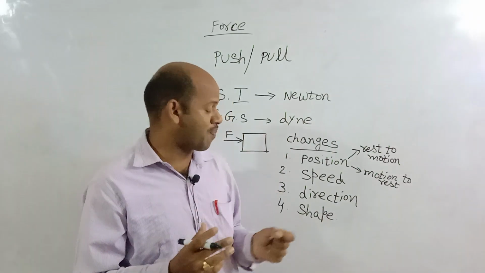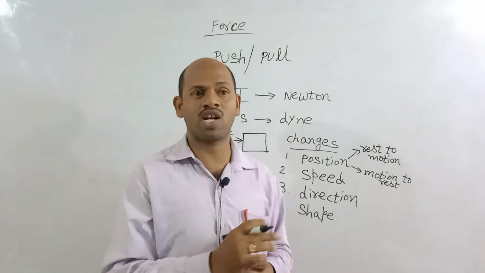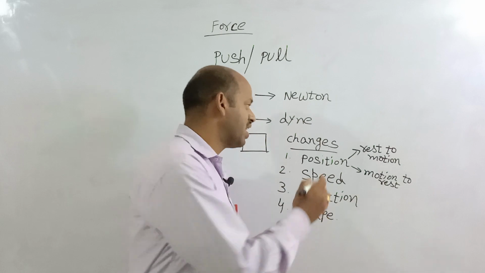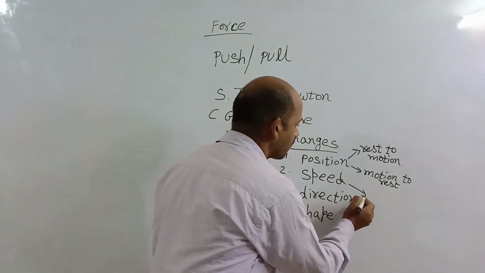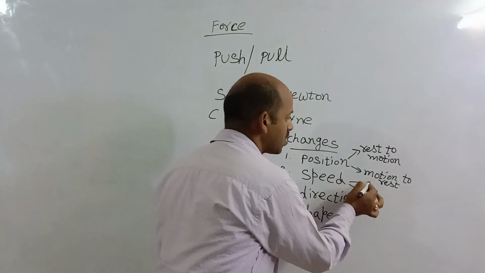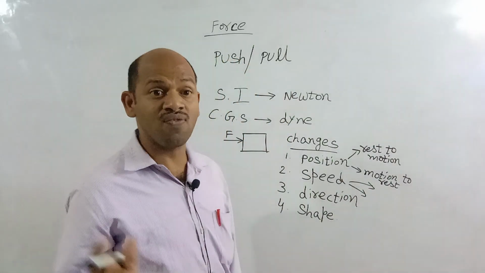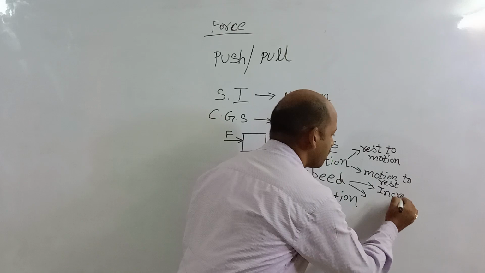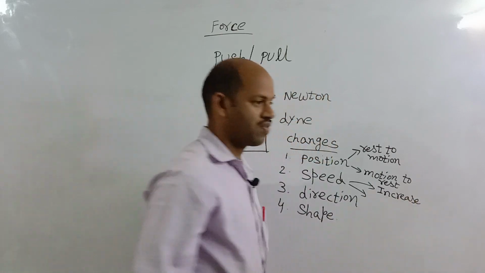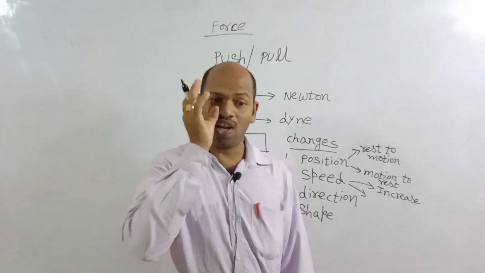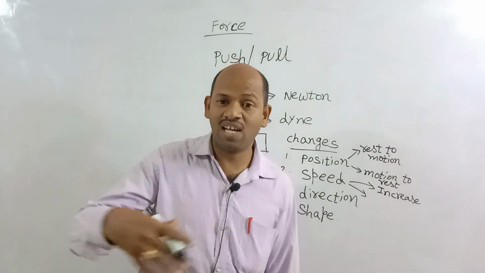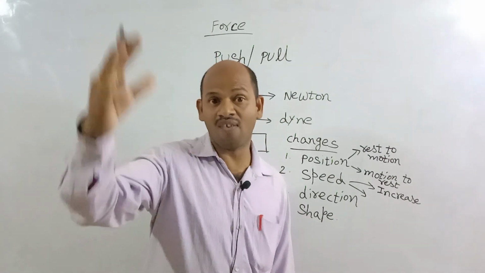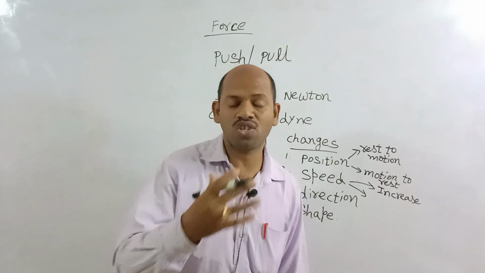So if we apply force on an object, the speed will increase. Speed increases while you apply the force. Suppose you observe a vehicle in motion, ఒక వెహికల్ స్పీడ్గా వెళ్తున్నప్పుడు, and you want to stop that vehicle.